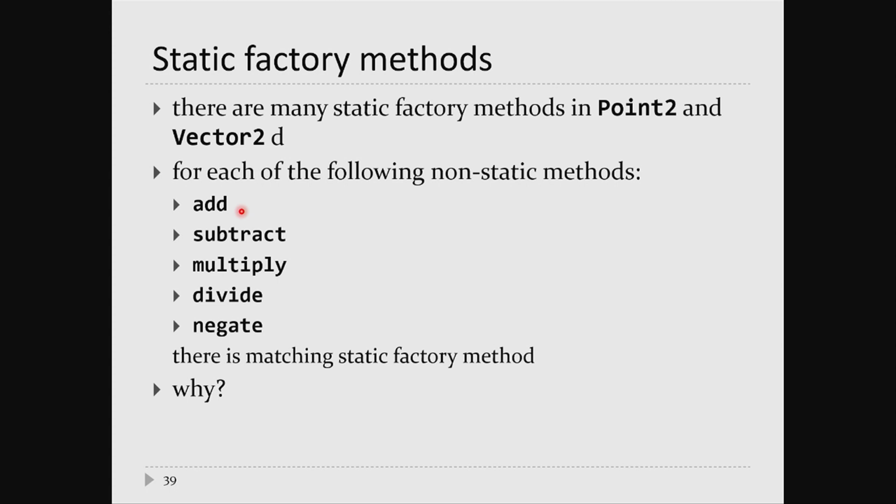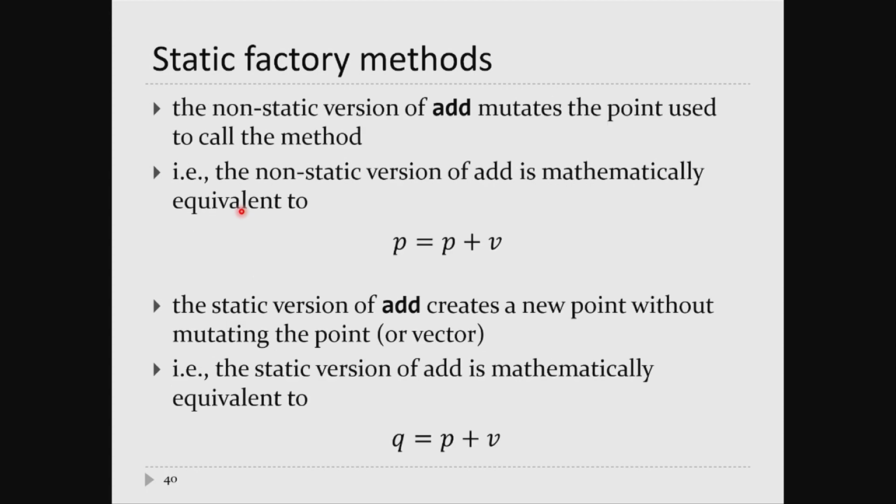So that's what that version of add does. That's the non-static version of add. Actually, you add a vector to it. You don't add another point. So you've got p.add(v).